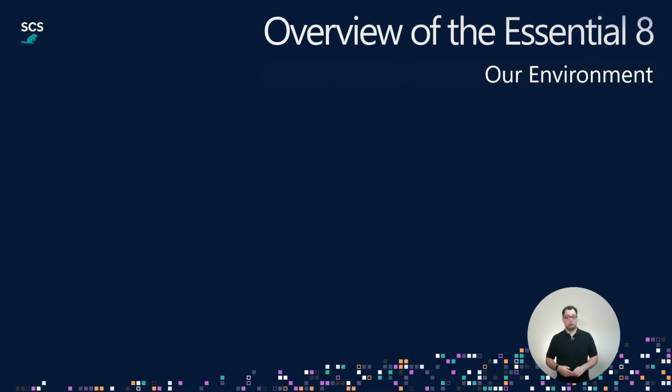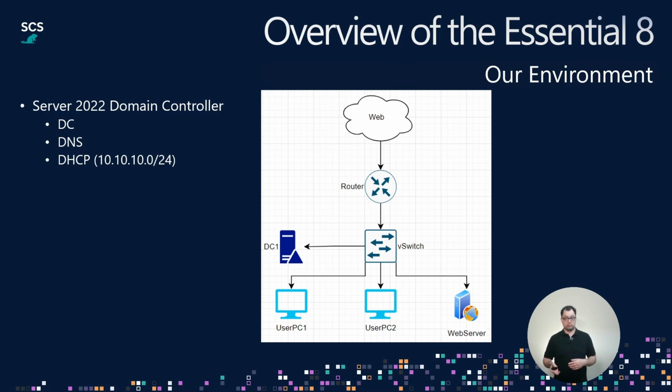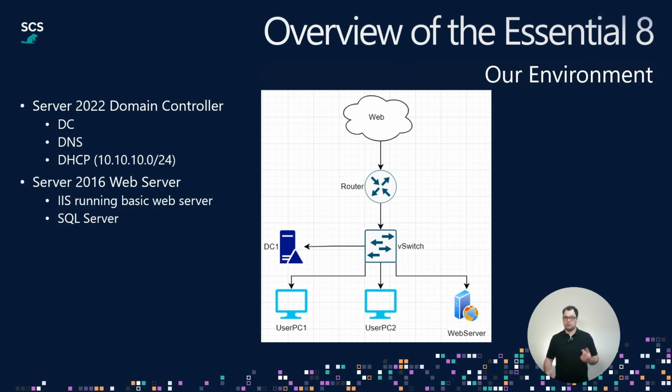For this course, we'll be using this lab as our example business. I've designed it to replicate a typical small to medium enterprise, and it includes an on-premises domain controller running server 22, an example web server using IIS and SQL, and this one's running on server 2016.